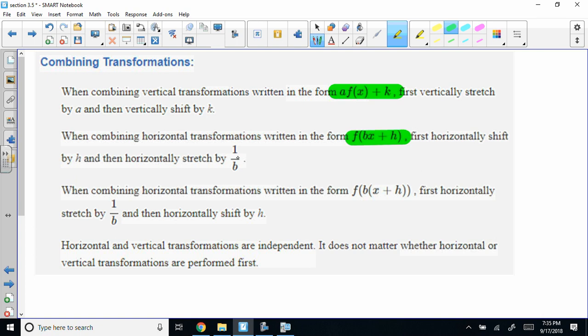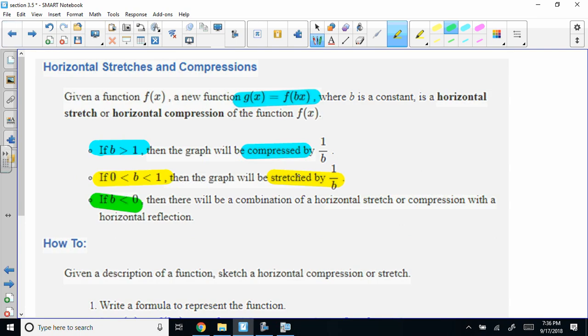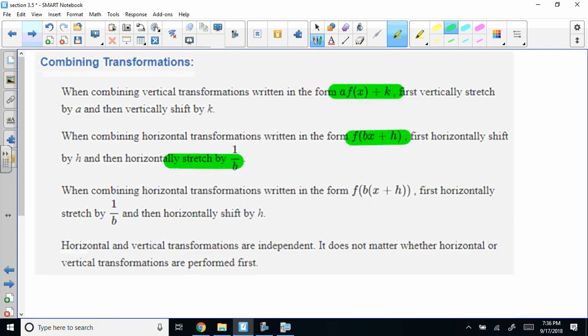Well, they say stretch. Let me go back one. If it's greater than, but if it's between that, then it's... And then this one, look right here. It's being horizontally stretched and then horizontally shifted, right?